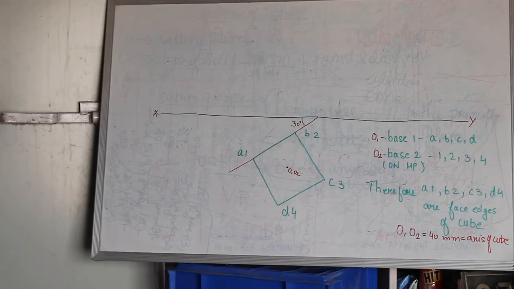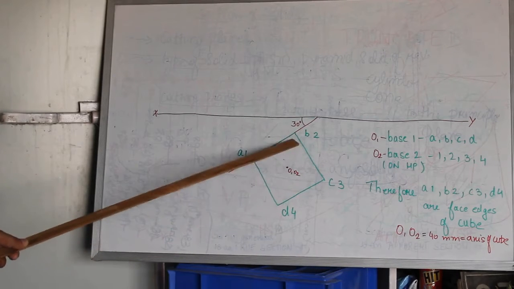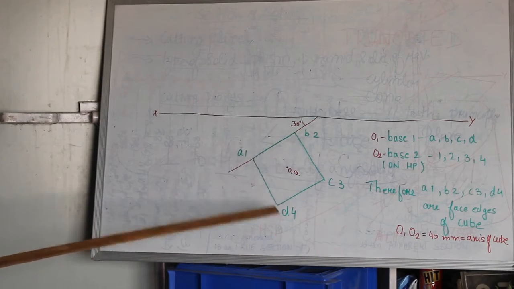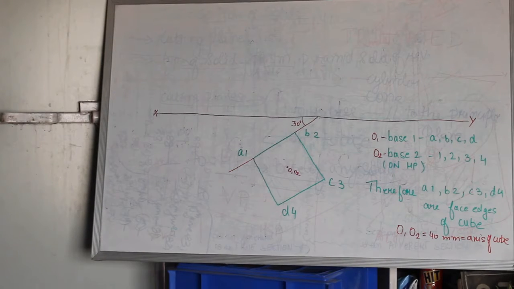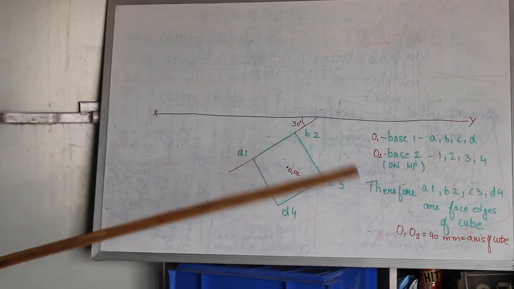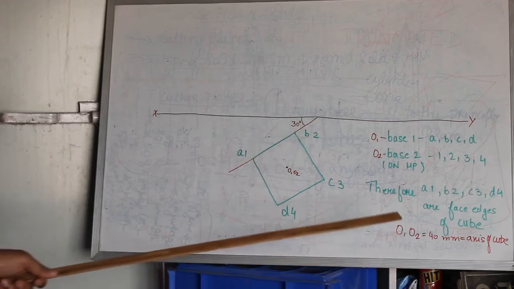Equal to the given length of the side of the cube, and the given length of the side of the cube is 40 mm. So all the sides in this projection are 40 mm because this is a cube. The shape of the face and the shape of the base are equal.